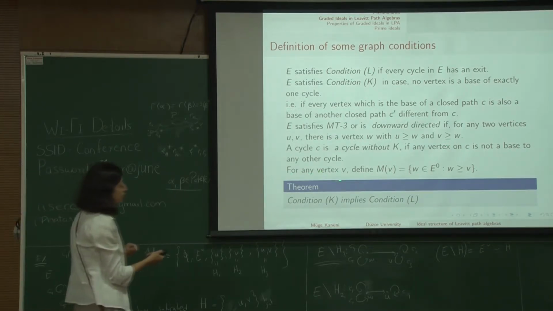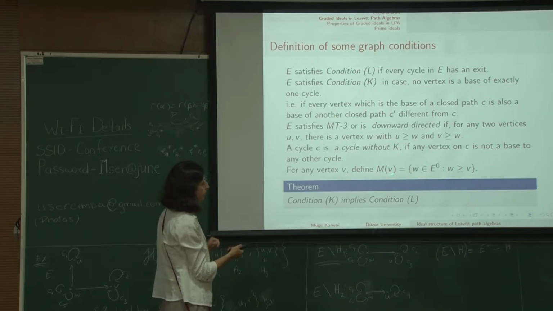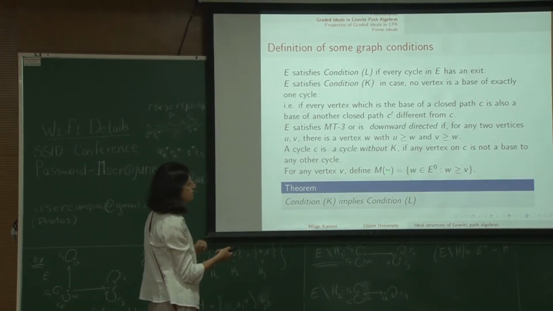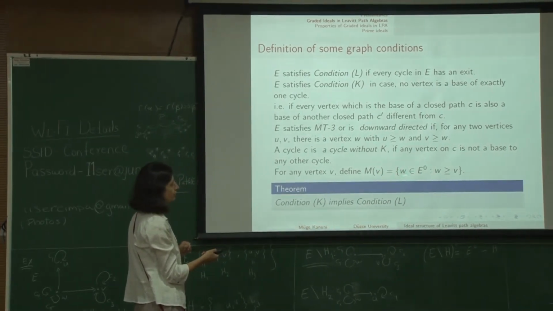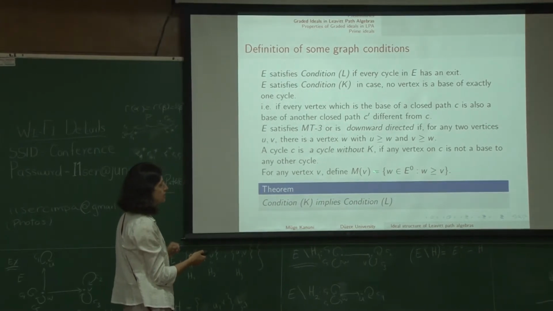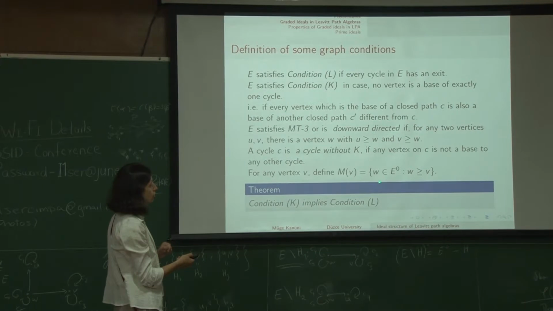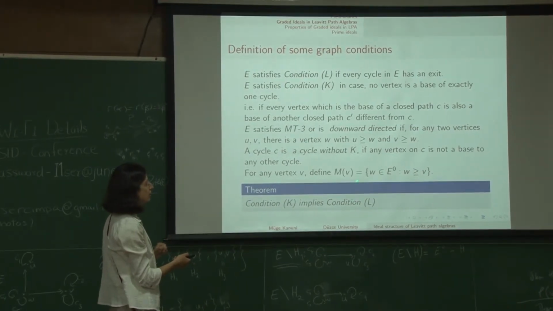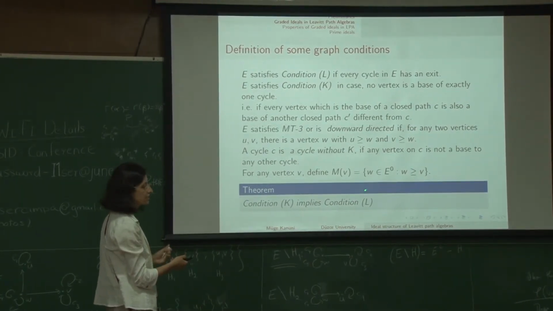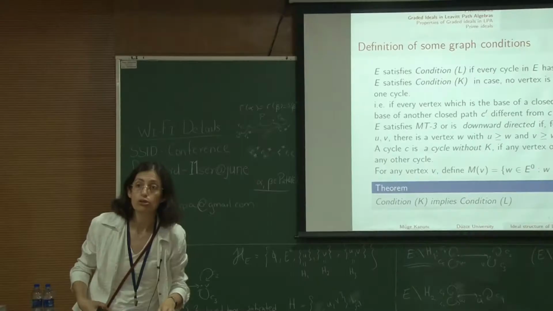And finally, I define, for any vertex V, MV as the set of all vertices that connect to V. I'm sorry, it's the set of vertices who connect to V, the set of sources.